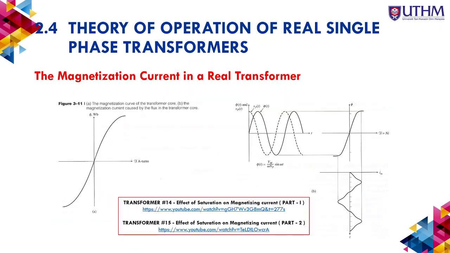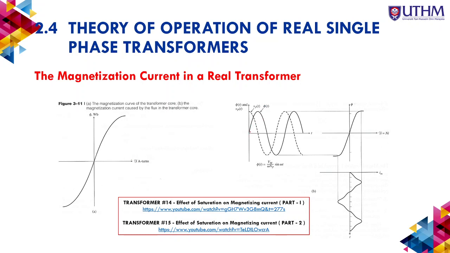Okay, by using the diagram it will be easier. We know from the previous chapter that there is a saturation curve. When there is a saturation curve, whatever current you increase, the flux will increase only a little bit. So look at here. We have Vp and we have the flux over here.